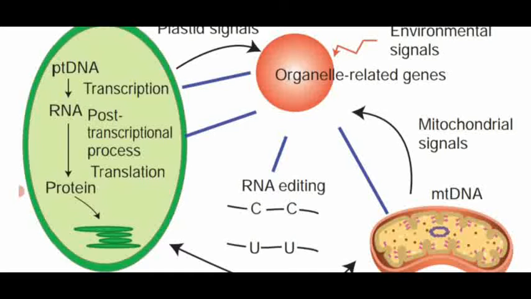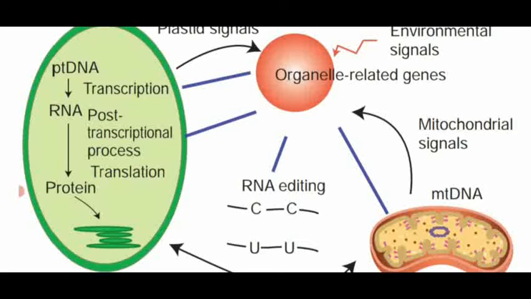Okay. Then this RNA is modified in the post-transcription process, that is translation. So in translation, they are producing the protein in the thylakoid membrane of the chloroplast. This is the thylakoid membrane, which contains the green color pigment known as chlorophyll, isn't it?